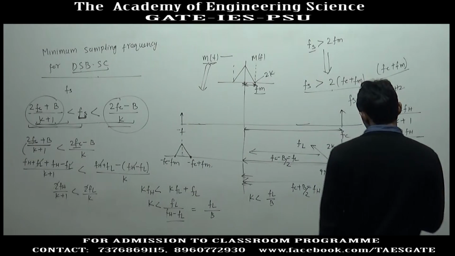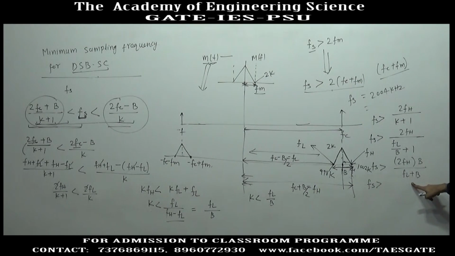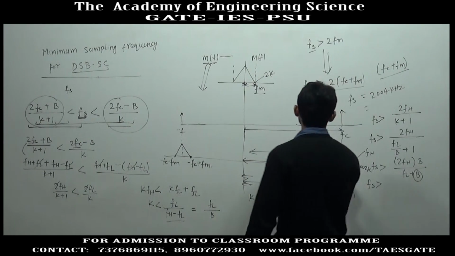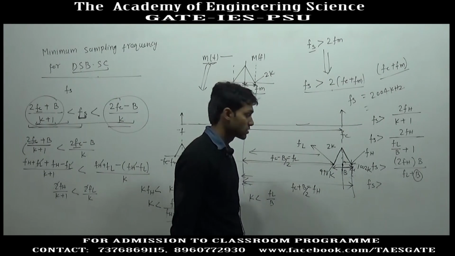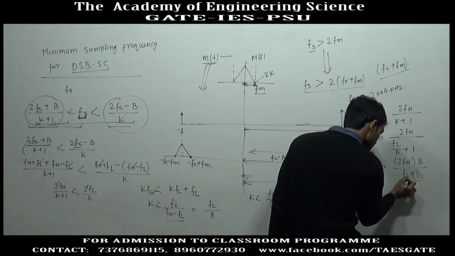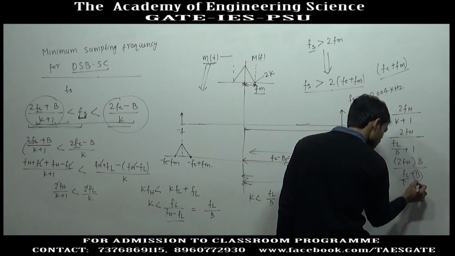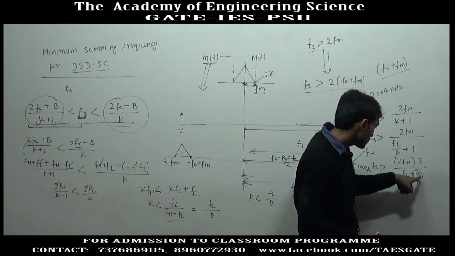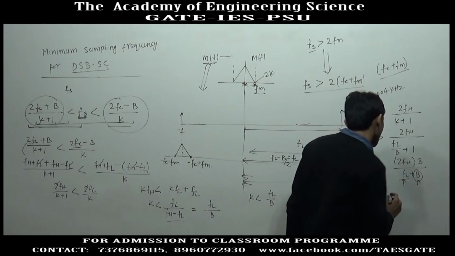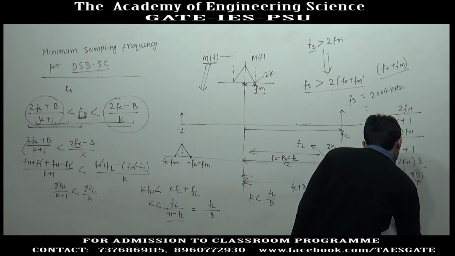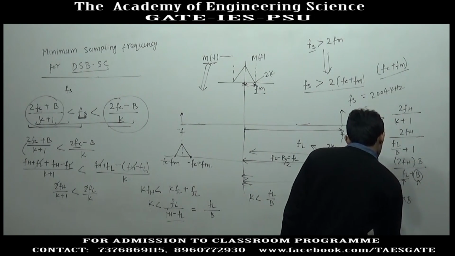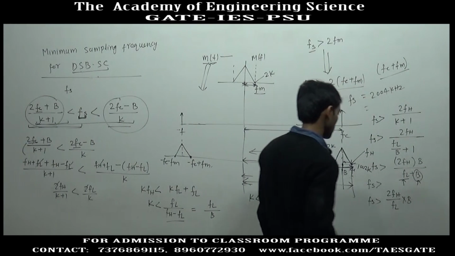So, fl is equal to 998 kilohertz, and B, this total width, is 2 plus 2, 4 kilohertz. So, fl is much greater than B, so we can neglect B in front of fl. So, Fs must be greater than approximately 2fh divided by fl into B.